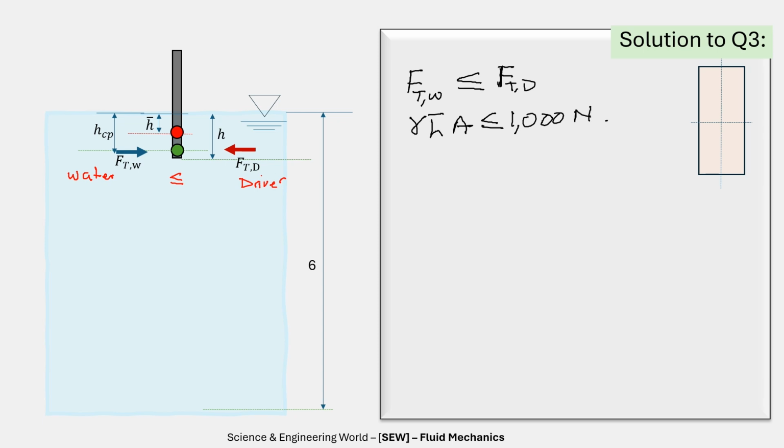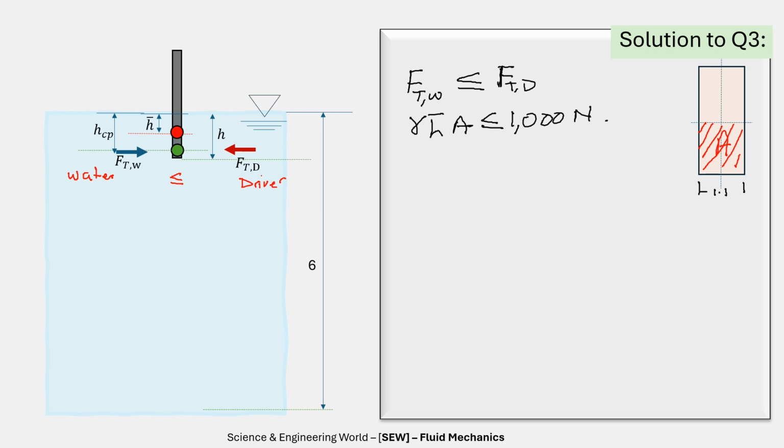What is A? What is H bar? In the previous video, we have seen that the area we are looking at is the wetted area of the door. That is the area that the water is in contact with on the door. So this will be our area A. The width of the door will still remain the same, which is 1.1 meters.